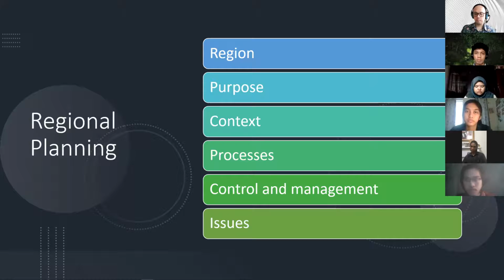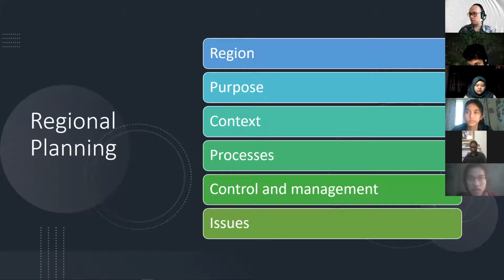Here are some of the points that I'd like to mention, building on what Indira, Karin, and, I'm sorry, I forgot who was the other, and Rehan, that's it, have said in their presentation. So what is a region? What is the purpose of regional planning?